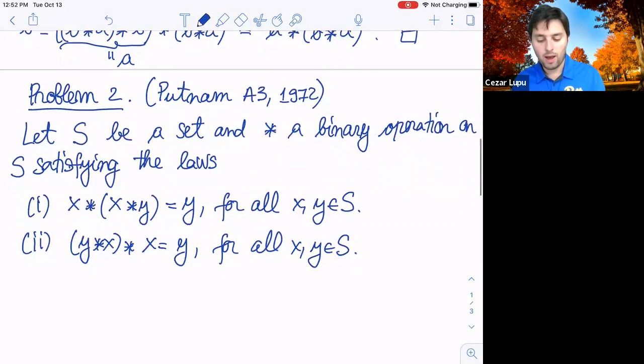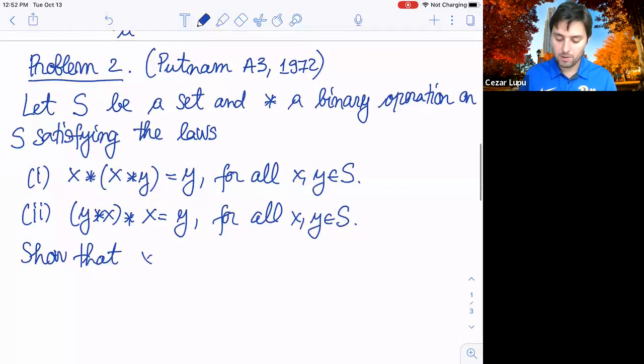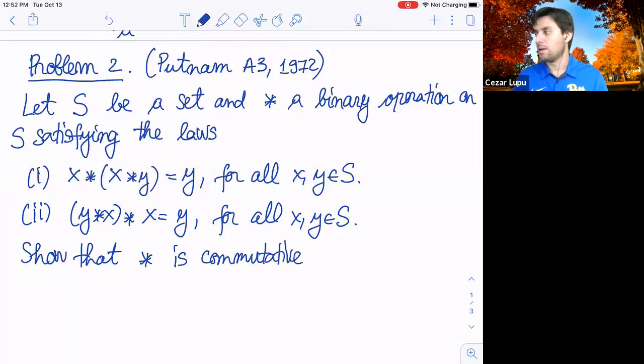Now we have to show the following. Show that star is commutative, so this binary operation is commutative, but not necessarily associative.